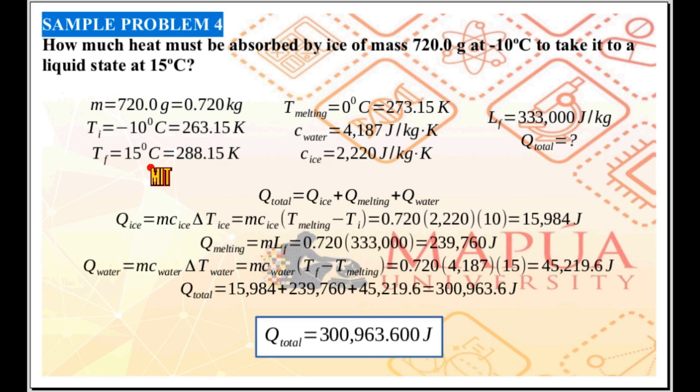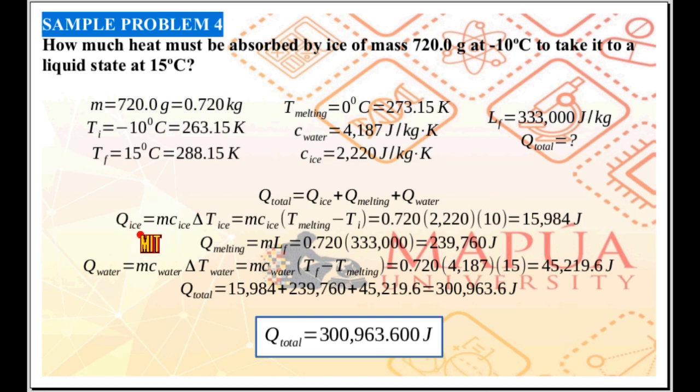And the heat associated with that temperature change is Q water. So Q total is equal to Q ice plus Q melting plus Q water. So to get Q total, we need to get the individual heat associated with each step in the process. So first, we have Q ice.